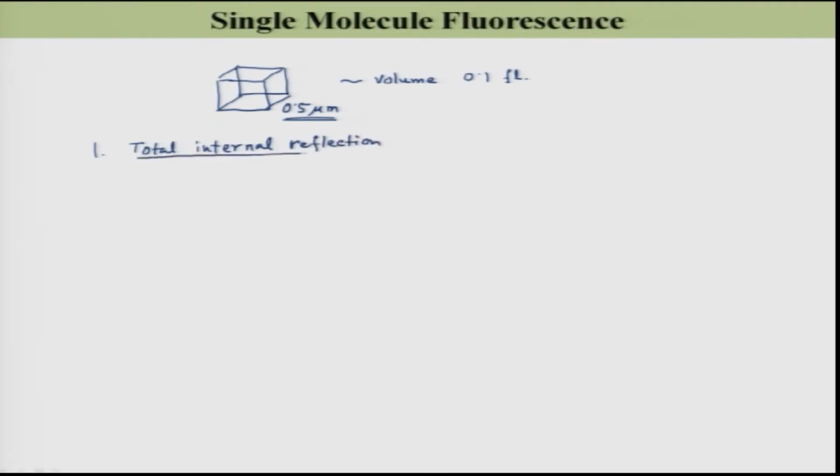We know that if I have two media, one with refractive index n1, the other with refractive index n0, and incident light falls through the medium with refractive index n0 towards the medium with refractive index n1, and if the incident angle theta I is greater than the critical angle theta C, which is defined as sine inverse n1 by n0, then there will be total internal reflection.